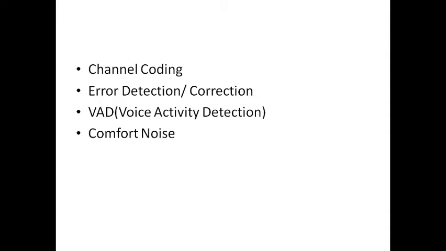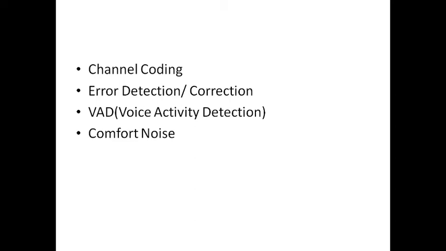Okay, in GSM, voice is assumed as the main service. The physical layer also contains some special functions which use voice activity detection. Here, voice data is transferred only when the voice signal is present. That is the main thing in voice activity detection.